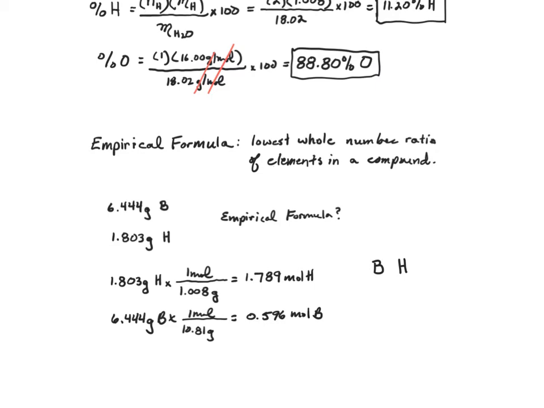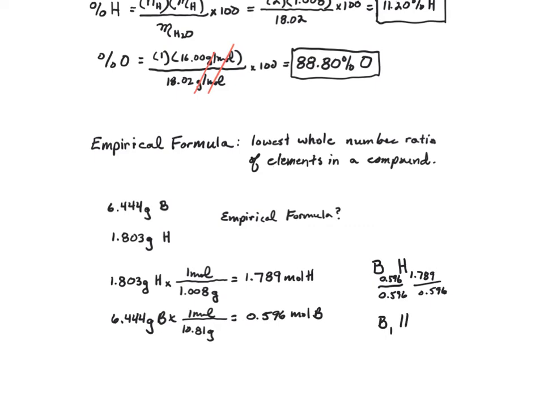So for boron, we said that was 0.596, and for hydrogen it was 1.789. The next step is to divide by the least number of moles. And of course, boron is going to come back with a 1.